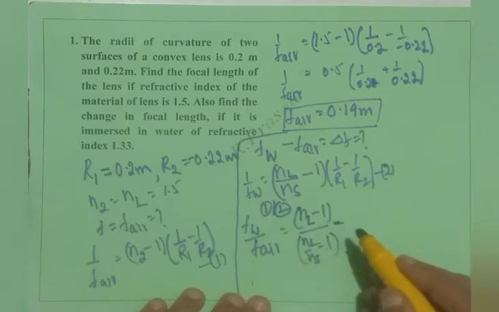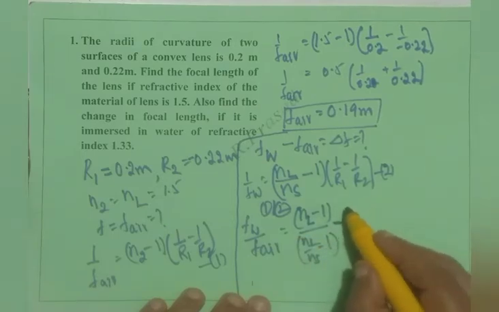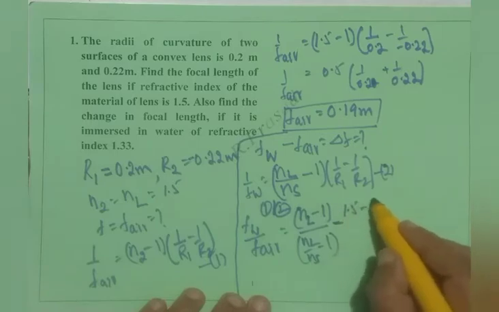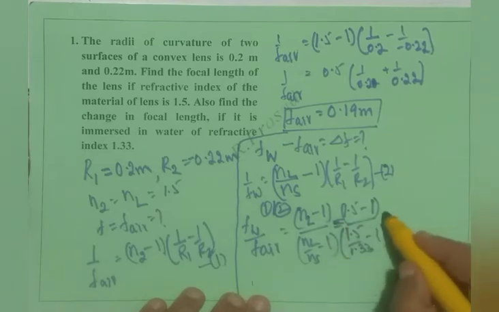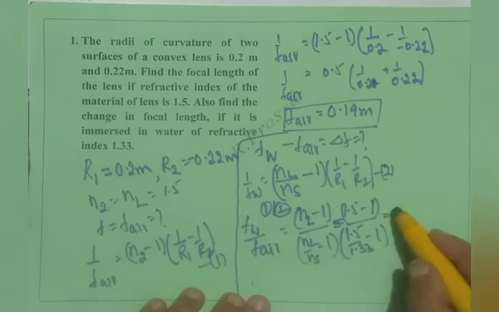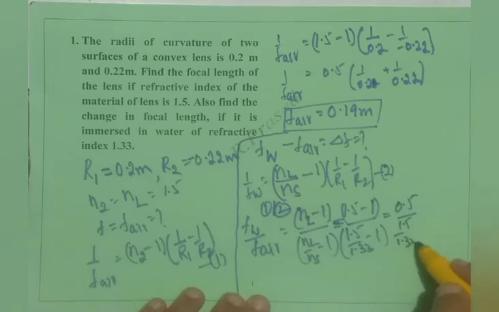If we substitute everything here, NL 1.5 minus 1 divided by (1.5 by 1.33 minus 1), which amounts to 0.5 by (1.5 by 1.33 minus 1).